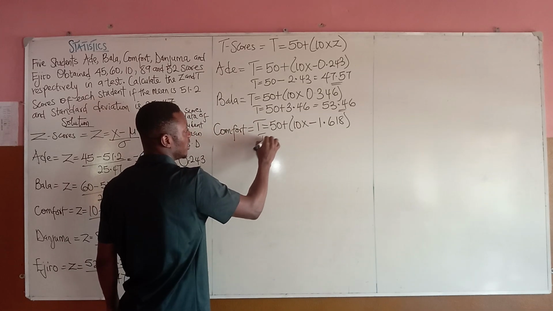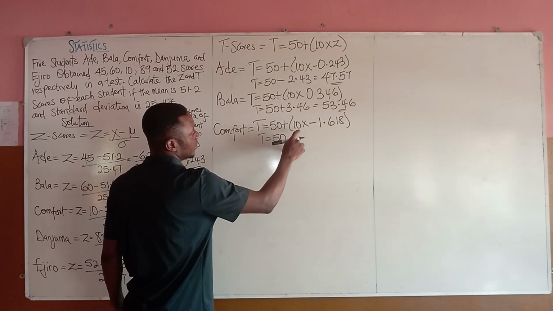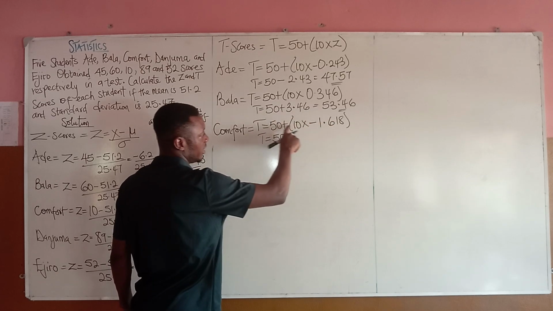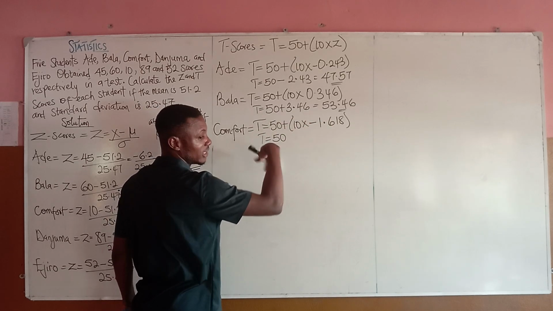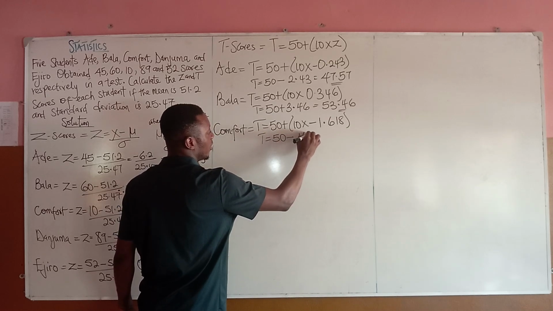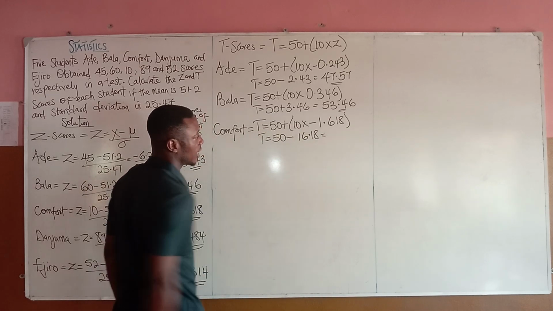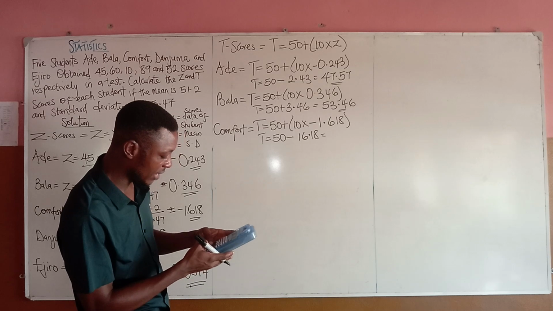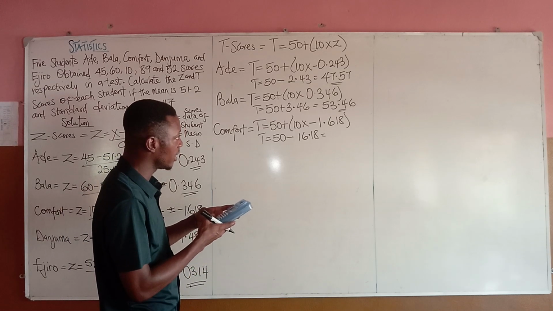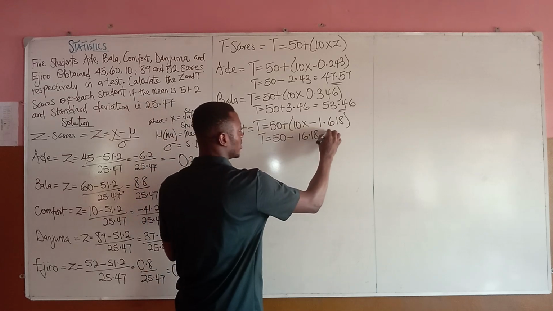Now this will give me T equals 50, and 10 times this is negative 16.18. Plus times negative is negative, so to give me 50 minus 16.18. Look that up in your calculator. So we have 50 minus 16.18.